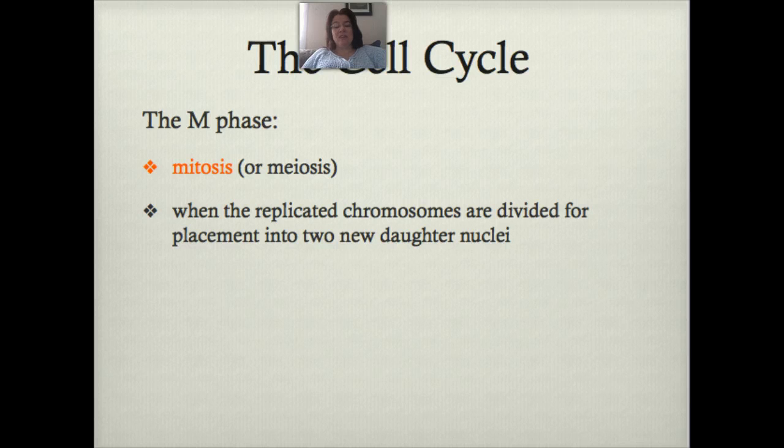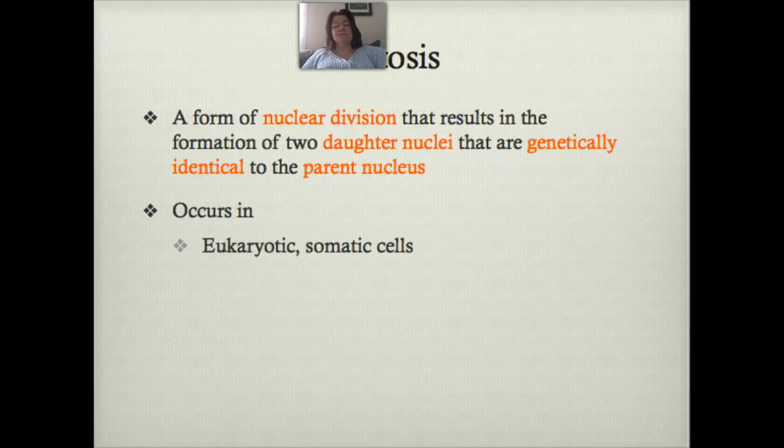So, the M phase, and today that's going to stand for mitosis, is the time when the replicated chromosomes, the copied chromosomes that were created during S phase, are going to be divided up so that one full set can be passed into each daughter cell.